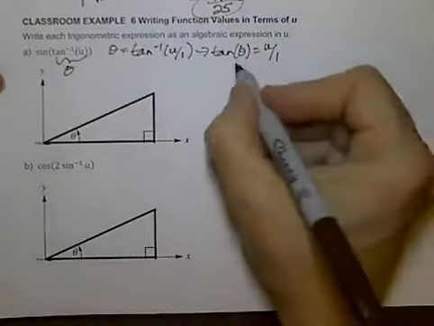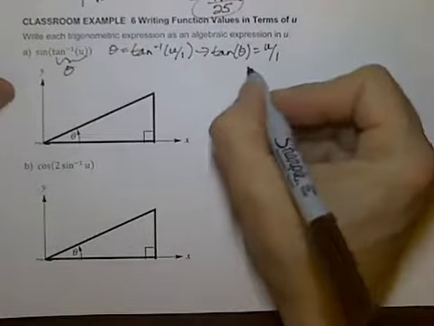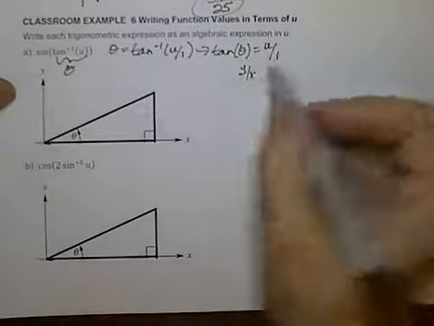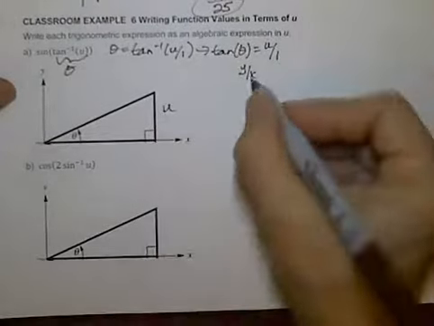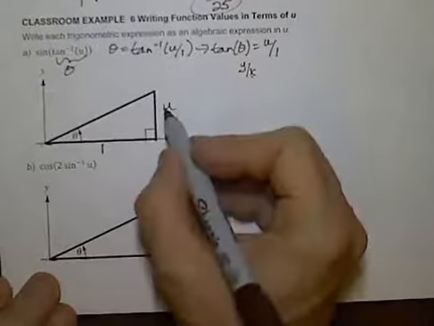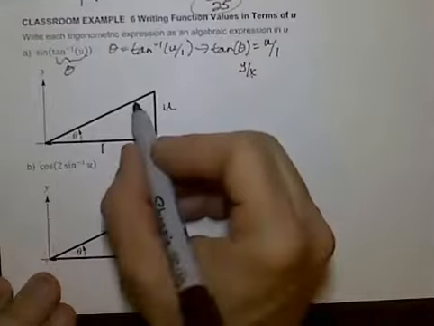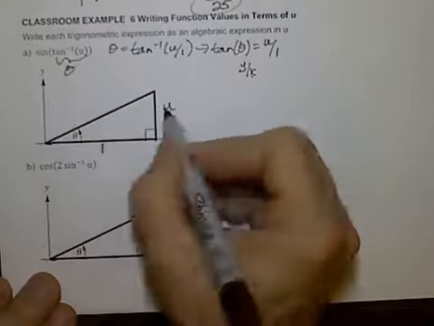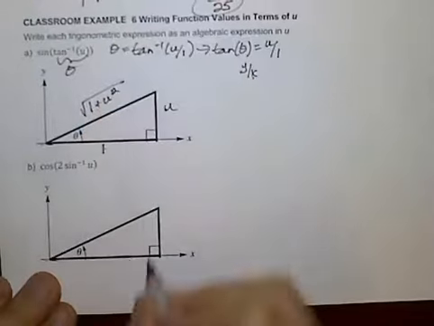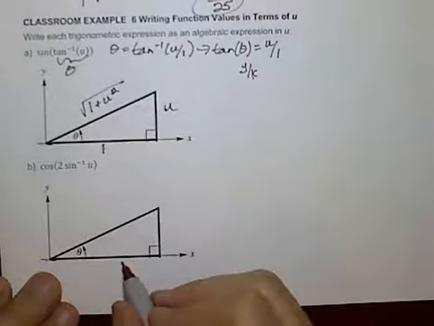And that means that the tangent of theta is u over 1. Now remember, tangent in your triangle is y over x. So we're going to make our y equal to u and our x equal to 1. That way we can find the third side of our triangle. The hypotenuse would be the square root of 1 squared plus u squared. So this would actually be just the square root of 1 plus u squared.